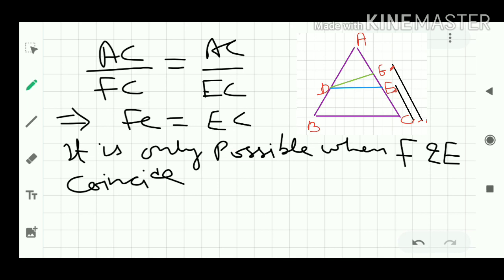So if point F and E coincide, then DE and DF also coincide. So if DF is parallel to BC, then we can say that DE is also parallel to BC. This is the proof of the theorem.